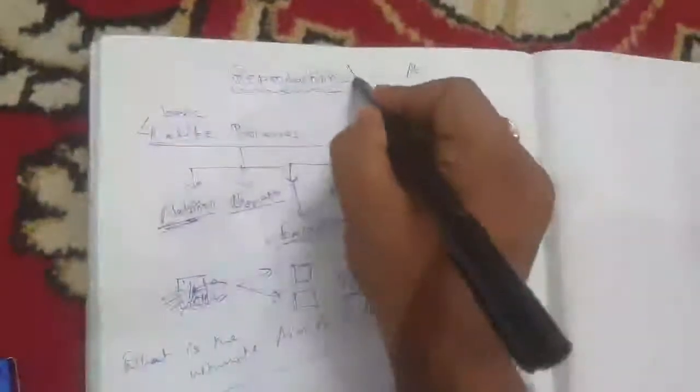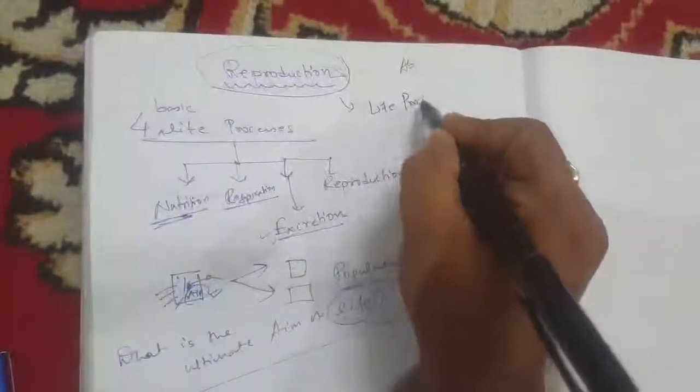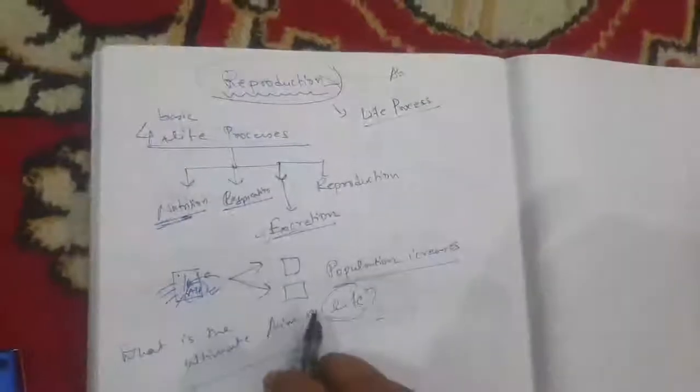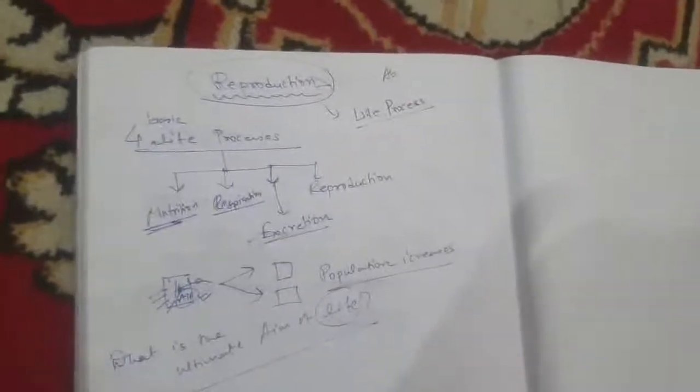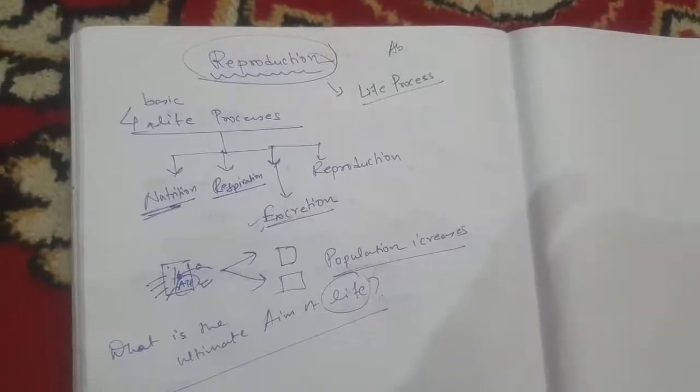First of all, I would like to say that reproduction is a life process, one of the life processes. Definitely reproduction is a life process. There are 4 basics which every living thing at least performs.